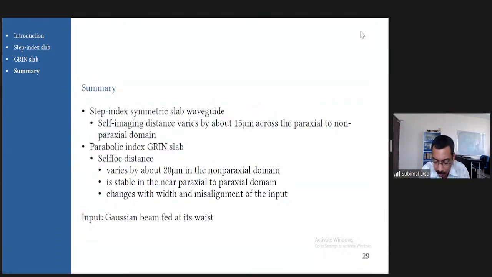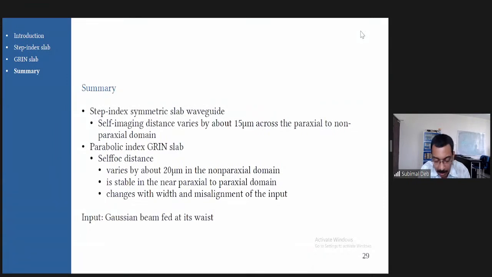So these results, I believe, should be useful if one considers designing nanophotonic circuits with efficient interconnects for optical elements. And for all of these, except for the misalignment part, we have assumed that the Gaussian beam has been fed centrally at its waist.